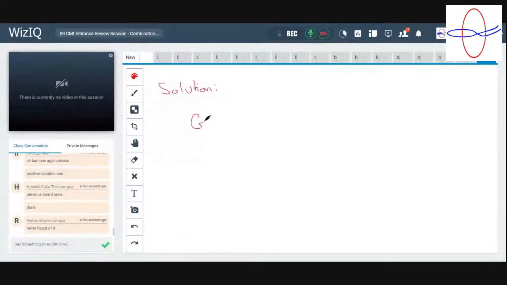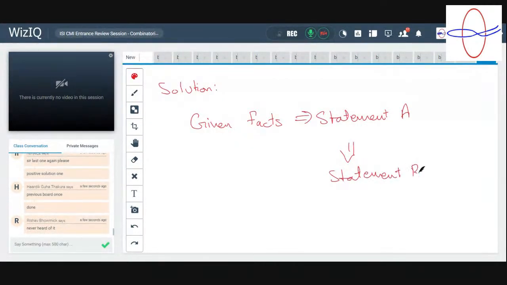Okay, so if the solution goes something like given facts imply some statement A, which then implies statement B, to which you add, rather write this, plus some other known facts, implies statement C, which then finally implies what was to be shown.